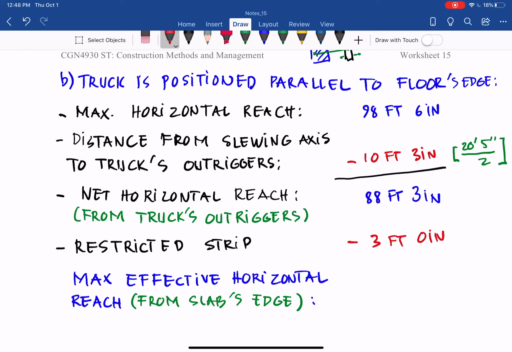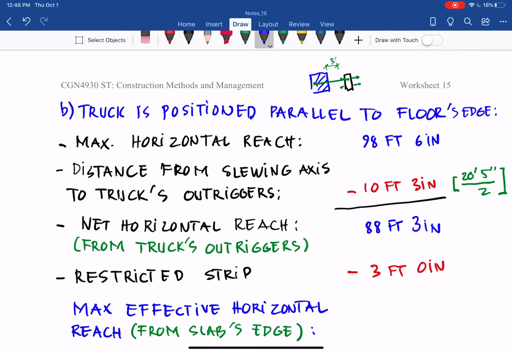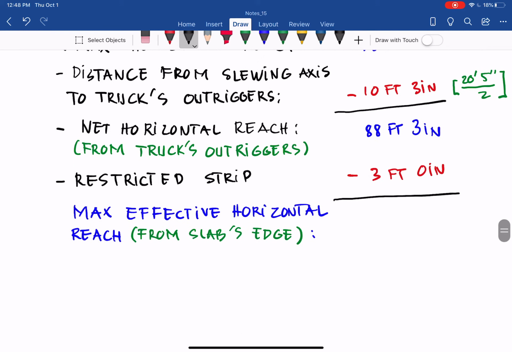Then we get the effective horizontal reach from the slab edge. Subtract that, and you will have 85 feet 3 inches. And that is the answer for this scenario.